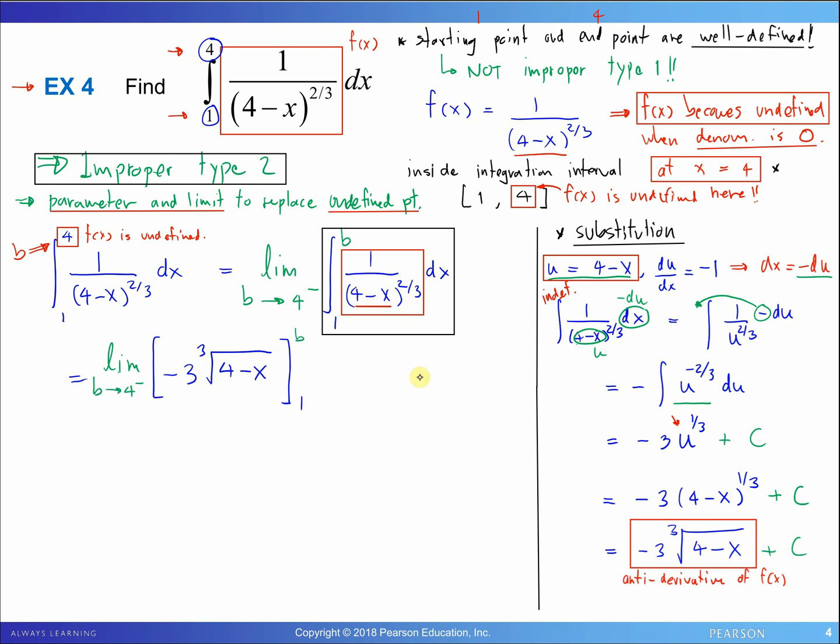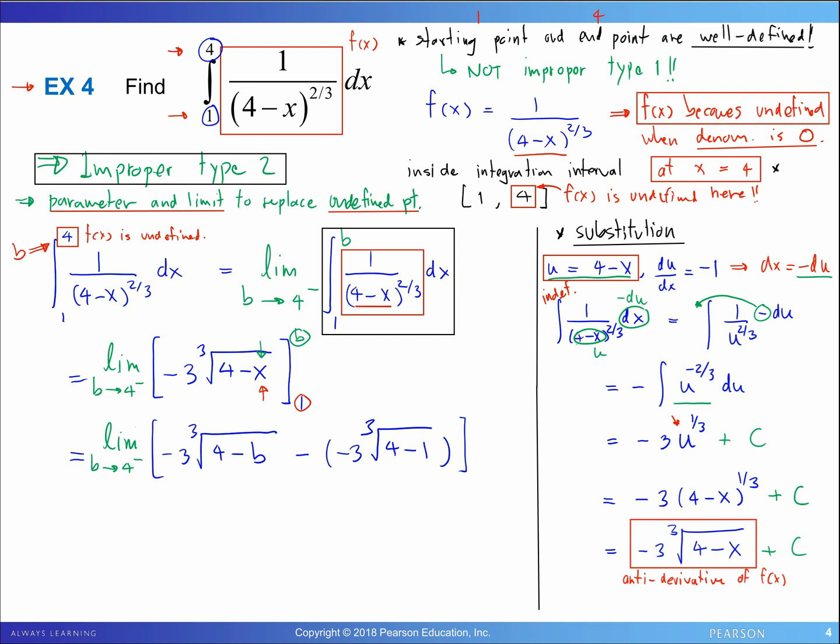And now we evaluate this. The endpoint goes in. b goes in right here. And we have minus 3 cube root of 4 minus b, minus, the starting point 1 goes in right here, minus 3 cube root of 4 minus 1. And now the limit at the front so that b can approach 4 from the left-hand side.